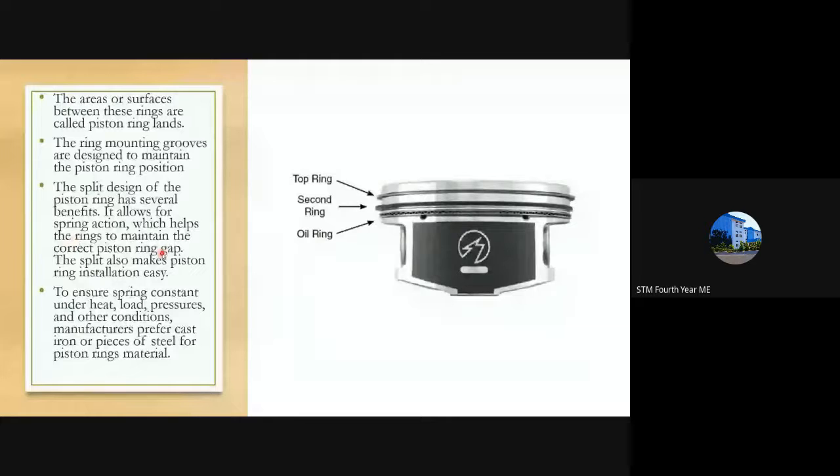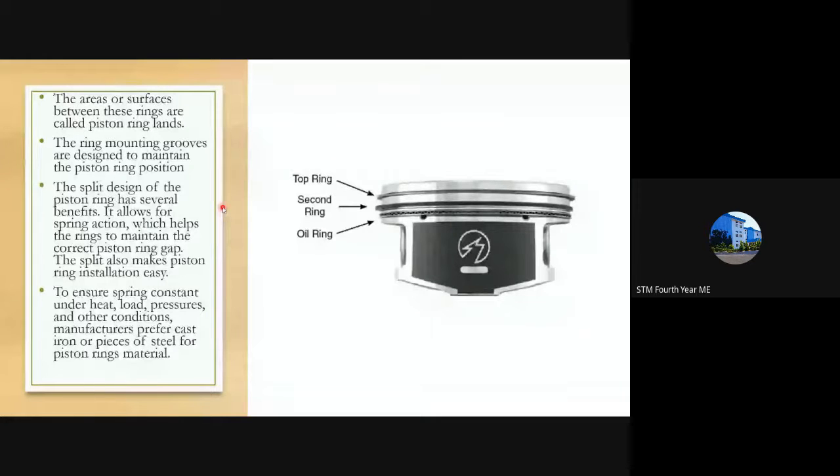So due to the spring action, when we compress it, and when you compress a spring, it returns to its normal position when the compressive force is removed. In the same manner, when the piston ring is inserted, due to its spring action, it expands and tries to attain its normal position, not its original position.